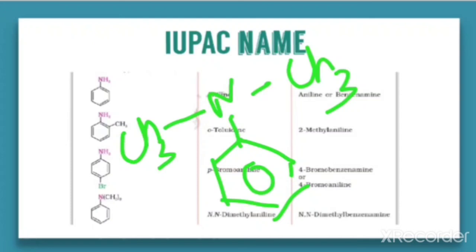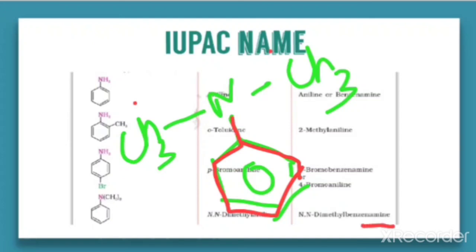So which one is the longest chain? This one is the longest chain. That is, the benzene ring is the longest chain because it has 6 carbons and the other two are single carbons. So I told you one of the groups you have to take as the main chain. So the benzene ring is taken as the main chain. So C6H5N can be named as benzylamine.